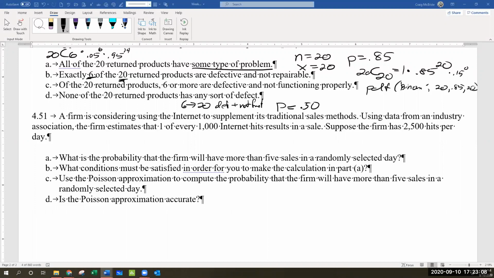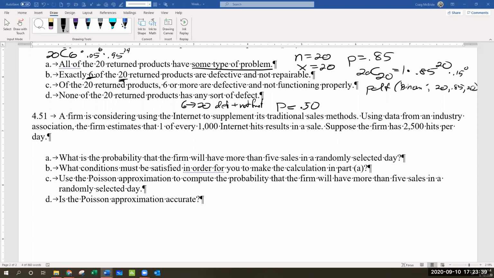And the probability of a sale remains constant, because they tell us to assume 2,500 hits per day, and the firm estimates that 1 out of 1,000 hits results in a sale. So 0.001 stays constant. So yes, it's a binomial.